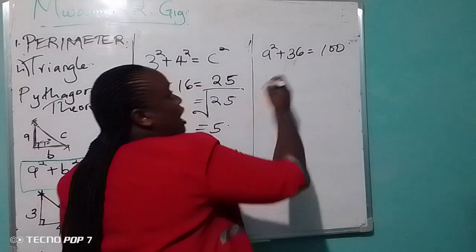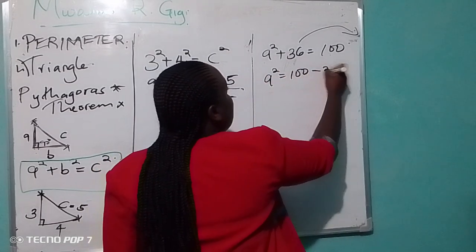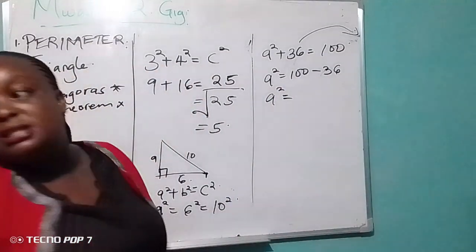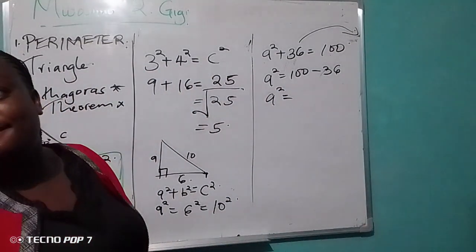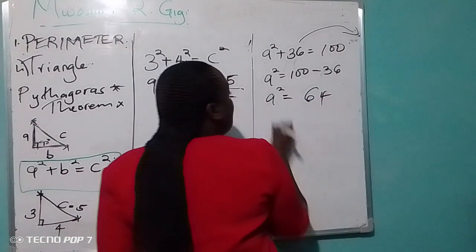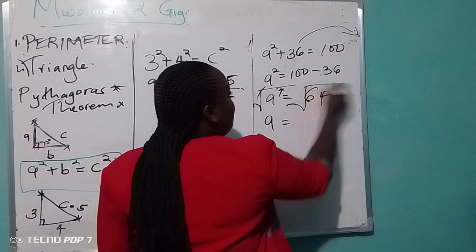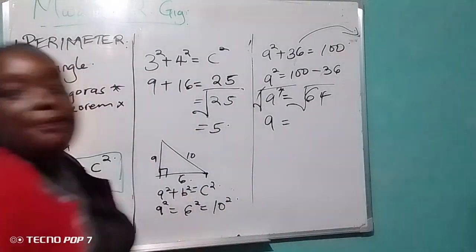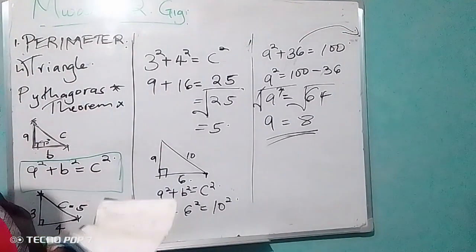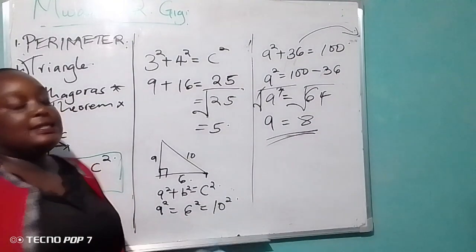So when we take this side, inakuwa a squared is equals to 100 minus 36, ni ngapi? 64. So a is equals to, find the square root both sides. So square root ya 64 ni ngapi? 8.